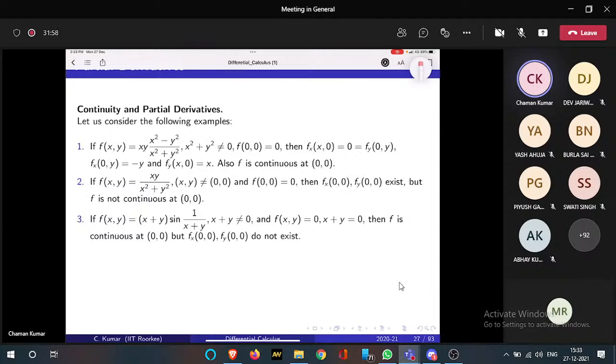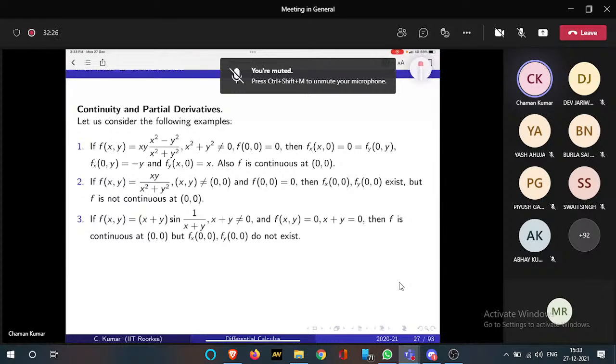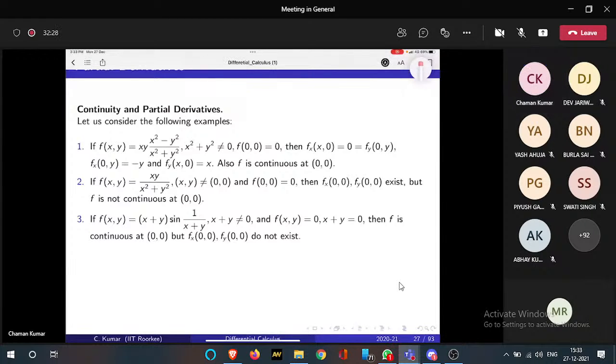When you calculate partial derivatives with respect to x, you fix the value of y, and then you change x, so you approach only from two directions, because once y is fixed, you have a function of just one variable, and for a function of one variable, if you differentiate, you come from only two directions, left hand side and the right hand side. Okay, so from the definition itself, it is clear that there is no relationship between continuity and partial derivatives.